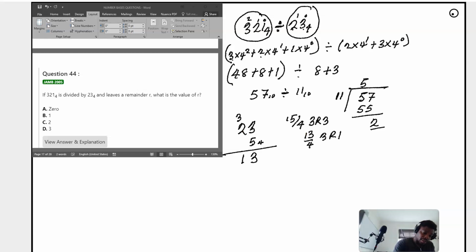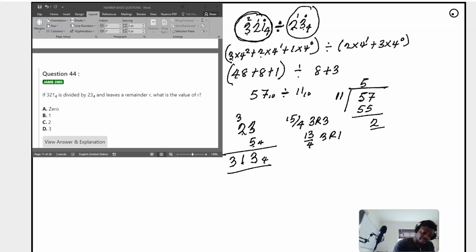I write 1 here and I carry 3 here. So this is in base 4. You see now that if I multiply 23 in base 4 times 5 in base 4, I will get 313, which is closer to what I have here, right? So it simply means 23 base 4 goes in 5 times in 321 base 4.